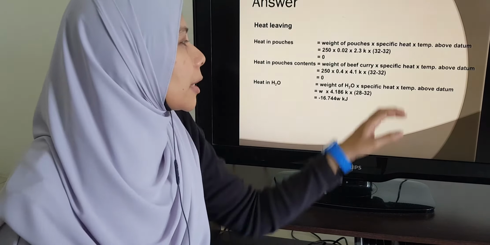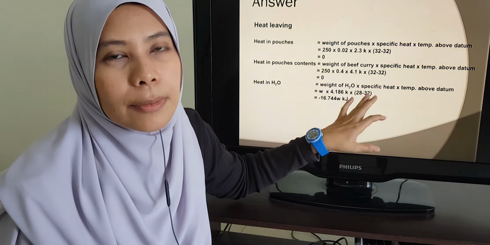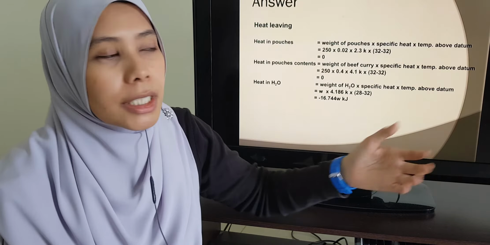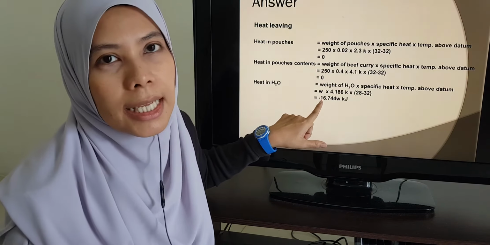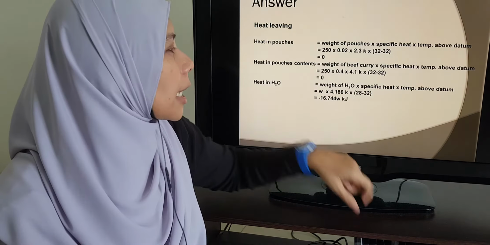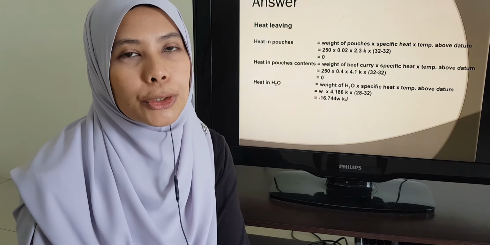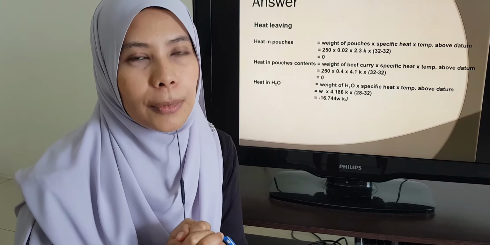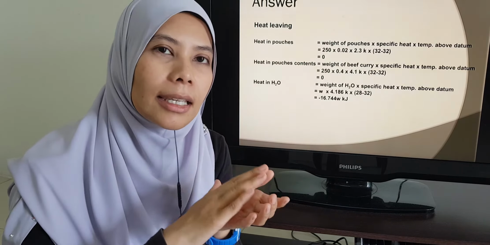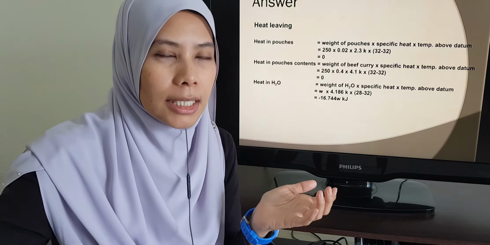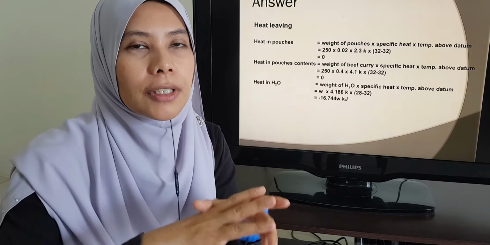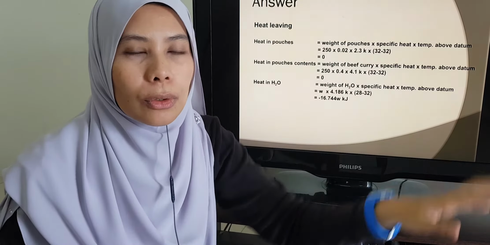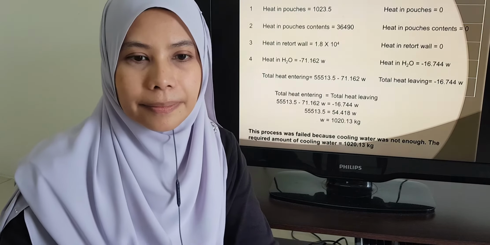The final temperature of water is 28 minus 32, the reference temperature. You will get negative 16.744 W kilojoule. Do not be afraid of the negative value, because negative means that the heat is going out from the system. The heat is being transferred from the hot item to the cold item.